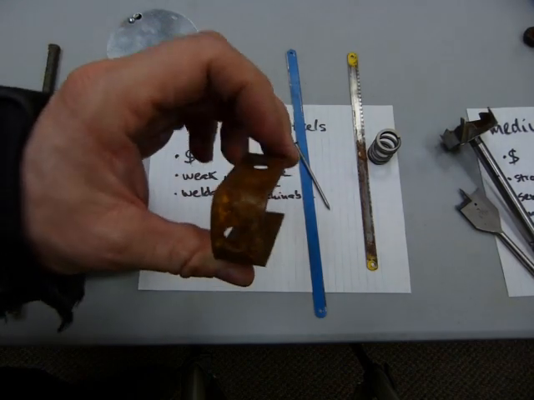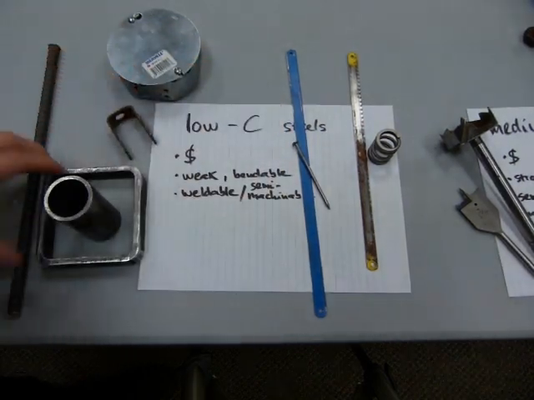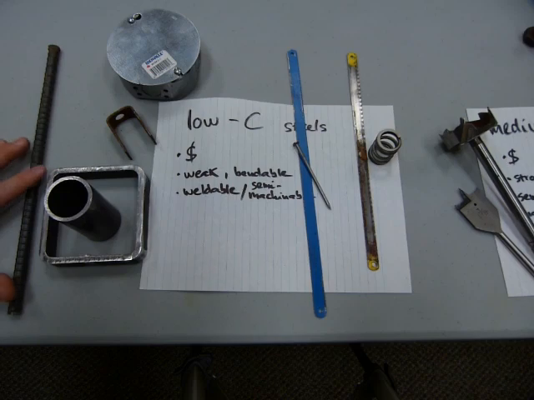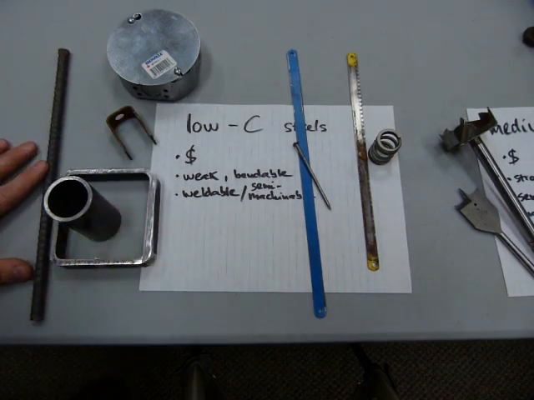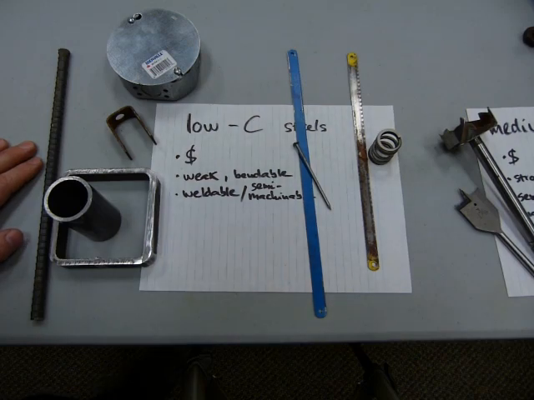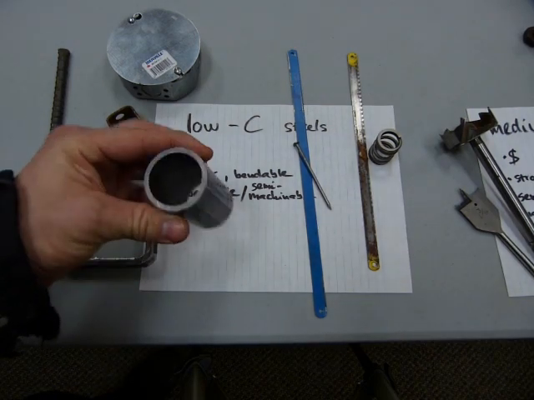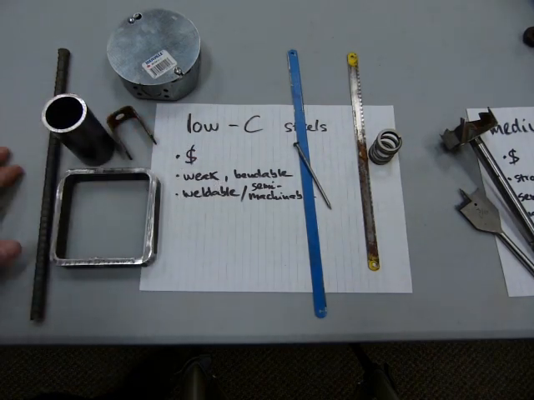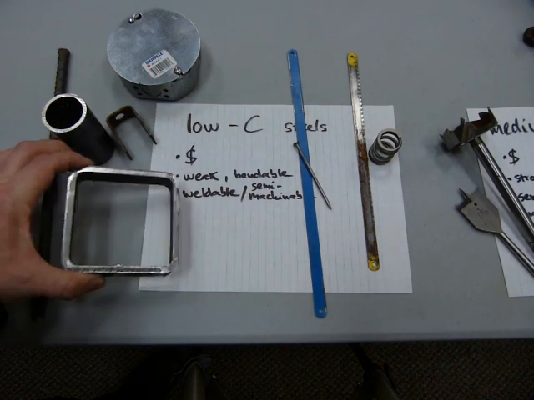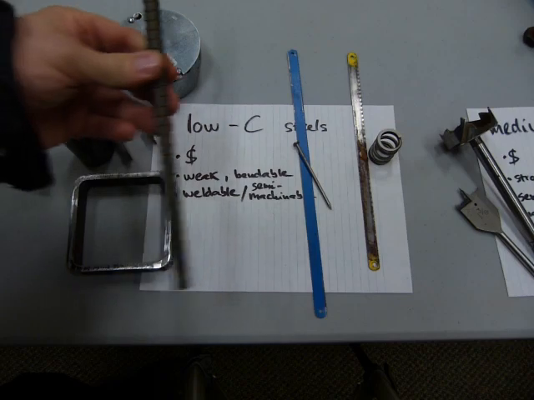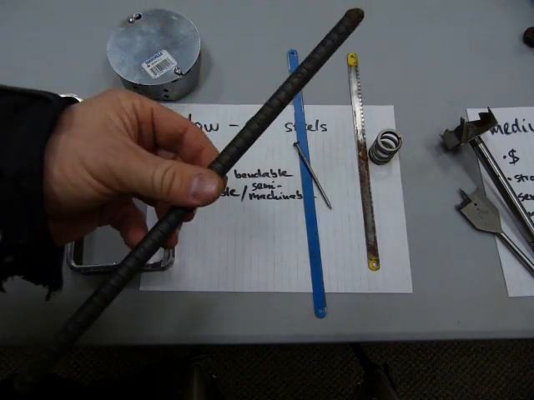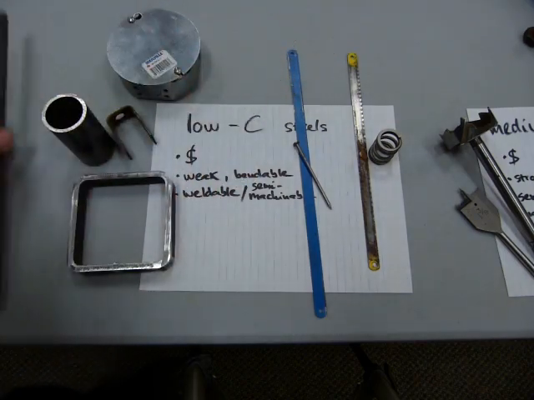And a special group of low carbon steels is called mild steel or structural steel, and structural shapes are manufactured like tube and piping, hollow structural steels, I-beams and everything, and reinforcing bars or rebar for concrete.